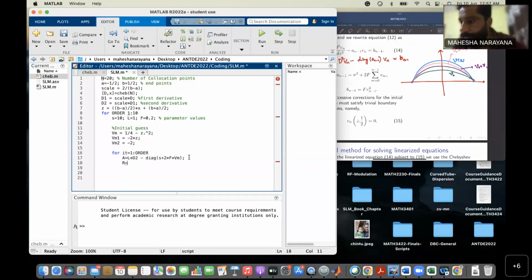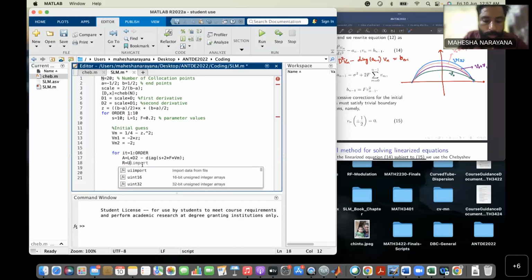Okay. So let us write this, UM2, so it's negative of VM2. It's the entire differential equation that we have. VM2, that is the second derivative.